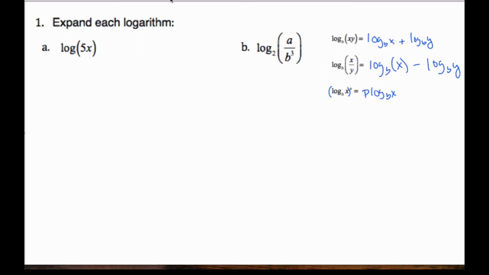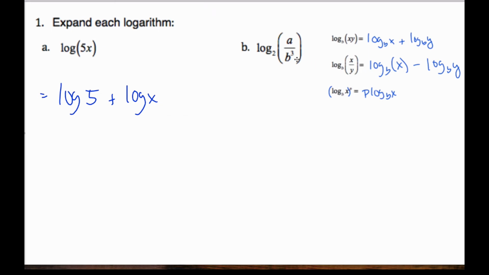One of the things that I have to recognize first of all is that my base here is 10, and it's multiplication. So it's this scenario here. So it's going to be log base 10, 5. Because these are multiplied, the logarithms end up adding with each other. Okay, and so that is A part.